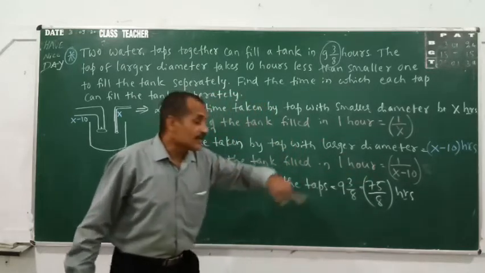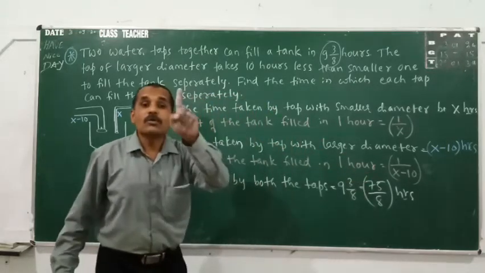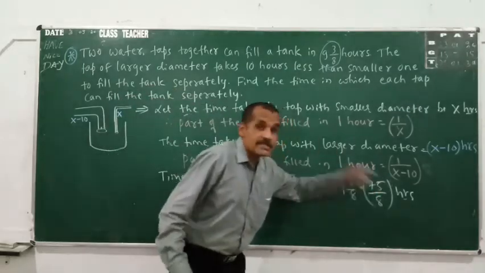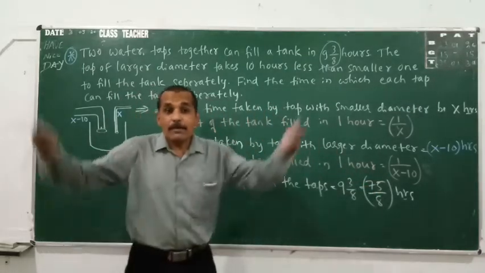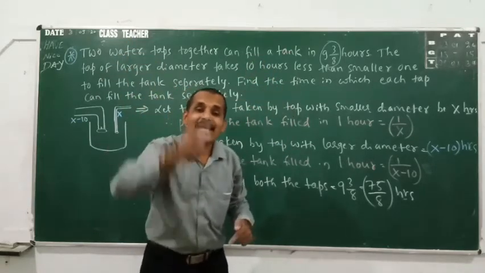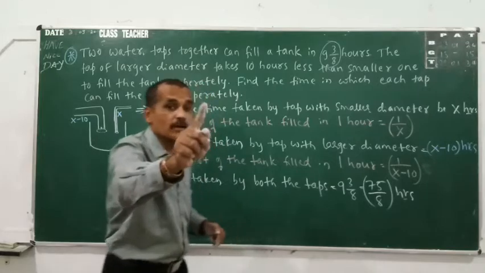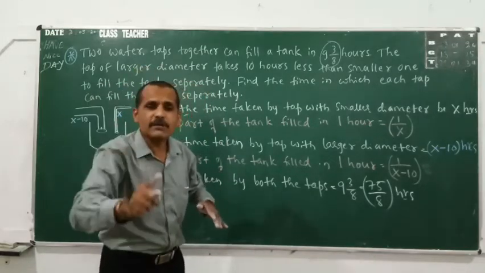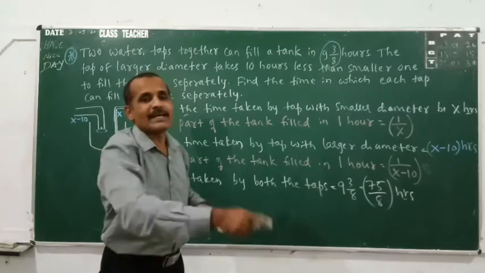I should convert this also for 1 hour. When both taps are kept on, what is the part of the tank filled in 1 hour? So I want to say, my dear children, the problem has to be converted for 1 hour. Then we will get the answer.